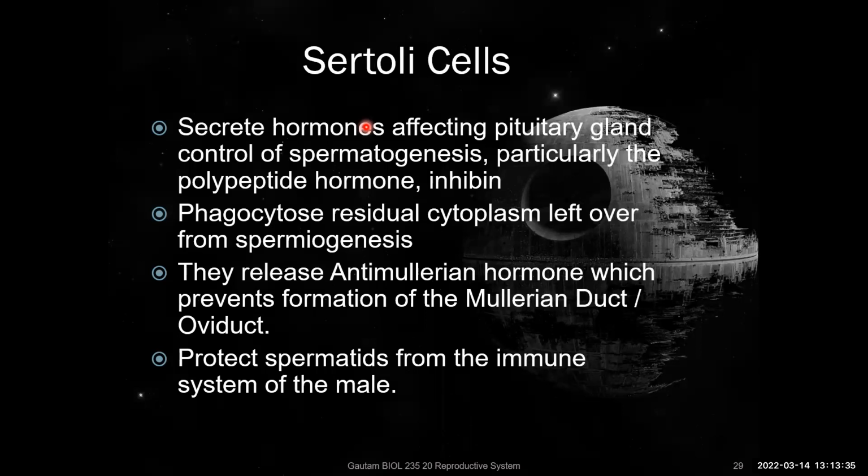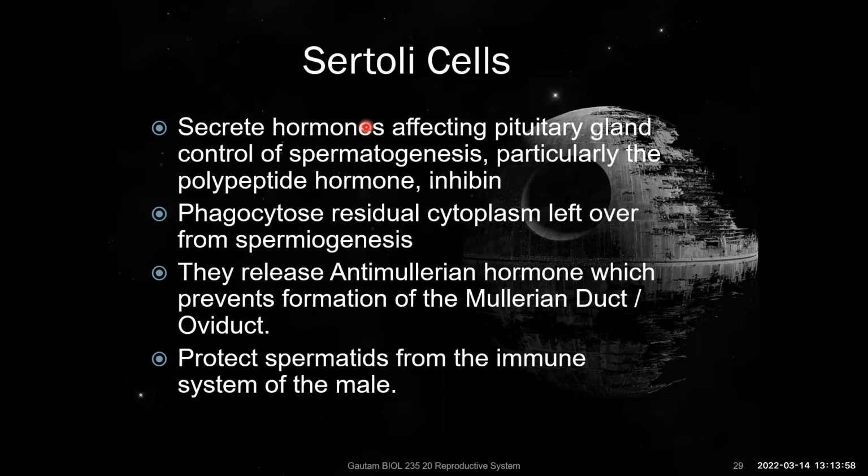Sertoli cells can also phagocytize cytoplasm that's left over from the spermiogenesis. Keep track of the difference between spermiogenesis and spermatogenesis. Spermatogenesis is the formation of sperm. Spermiogenesis is the maturation of those formed sperm cells. Okay.